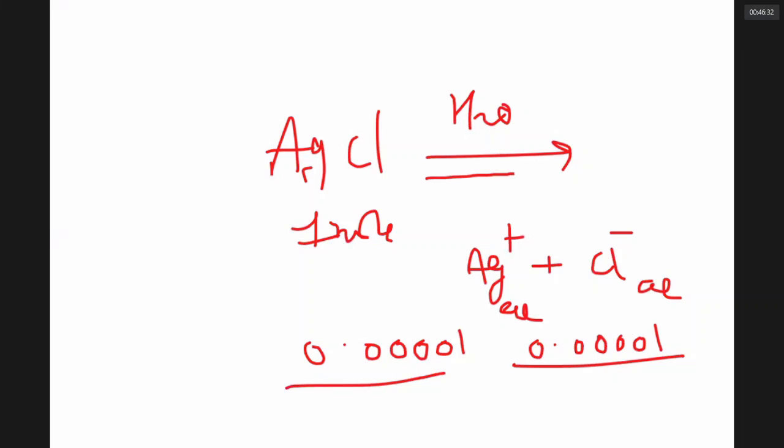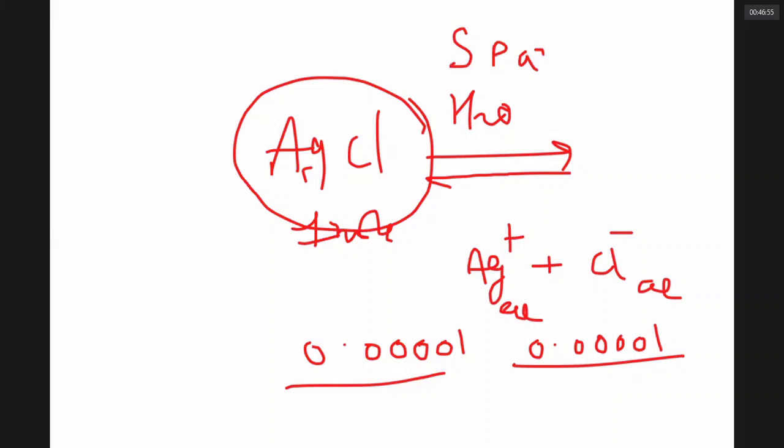Any more dissolution amounts to backward reaction. It means AgCl is very, very less soluble. Very slight dissolution makes the solution saturated. Therefore, you feel it is not dissolving. In fact, it is very less soluble. I call it a sparingly soluble salt.